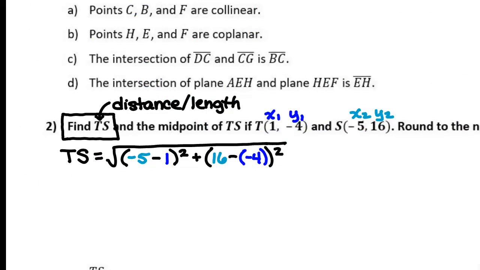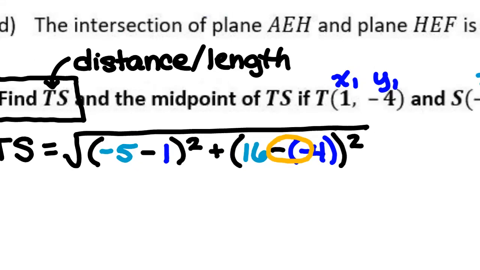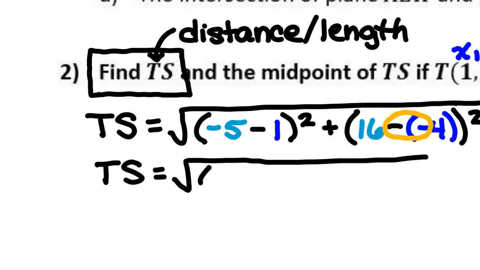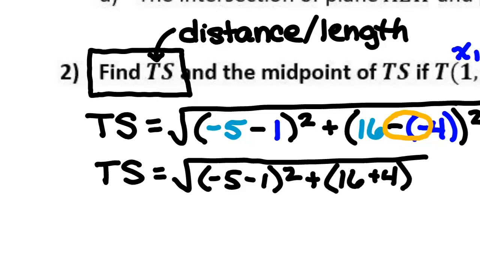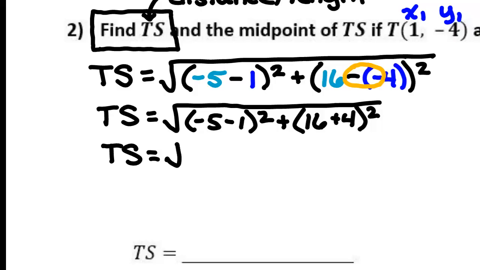All right. What happens when we minus a negative? It becomes a positive. All right, so we have TS equals big square root sign. I have negative 5 minus 1 squared plus, and then here we have 16 plus 4 squared. What is negative 5 minus 1? Negative 6.